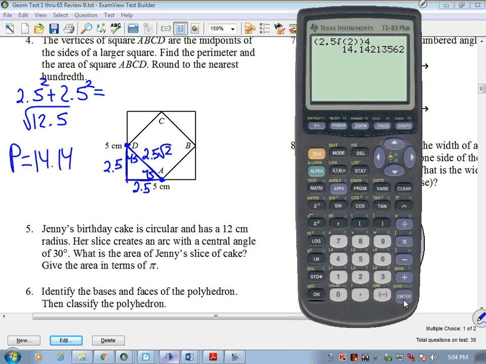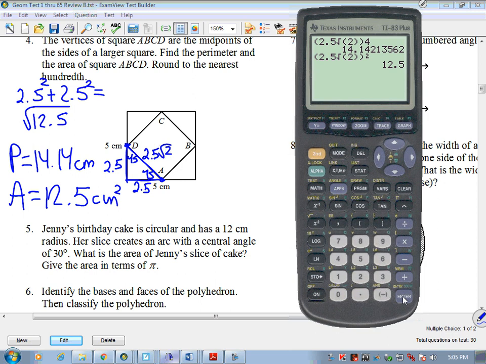Because that square on the inside is a square, in order to find an area, we can simply take 2.5 times square root of 2, close all that up, and then square it, multiply it by itself, and get 12.5 for my area. Okay, we've got centimeters and centimeters squared. So what we should get for that, double check, perimeter 14.14, area is 12.5 centimeters squared.